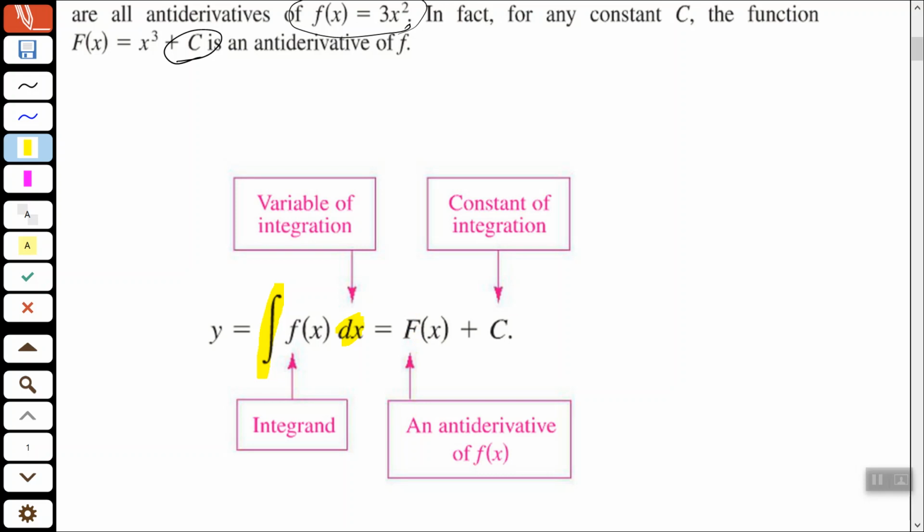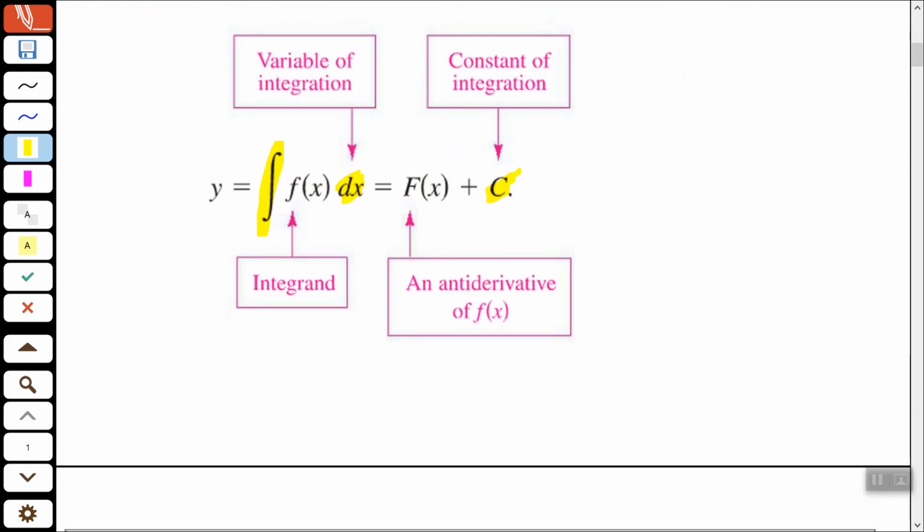And that C is the constant of integration. So for the indefinite integrals, we'll use this capital C. For the definite integrals, we'll actually do some calculations and we won't need the C. Okay, so you may want to write that down. You will see that little symbol a lot to find the antiderivative, or saying we're integrating that function.